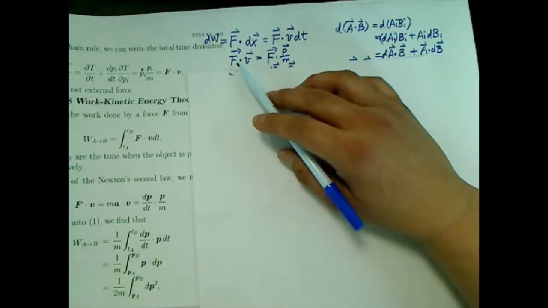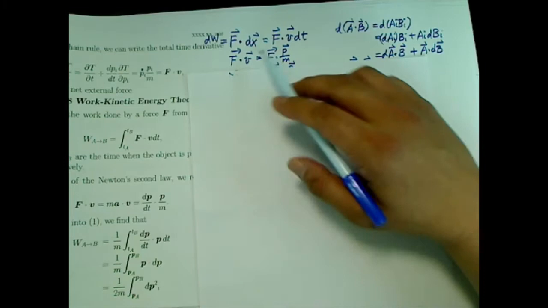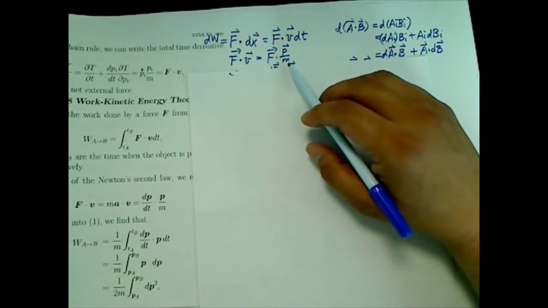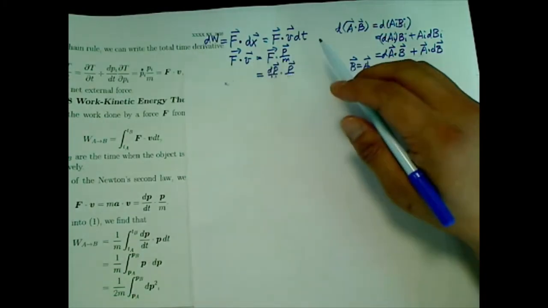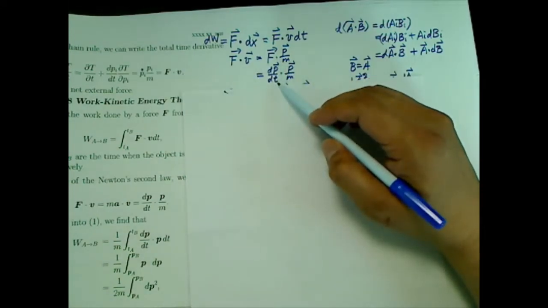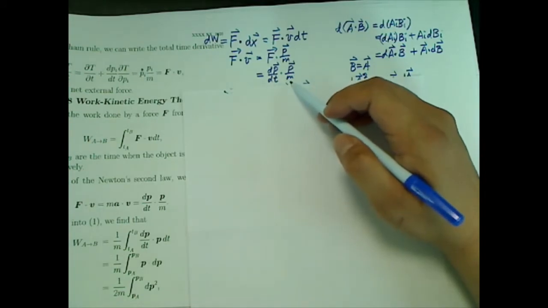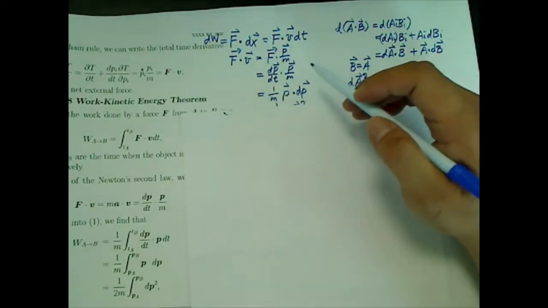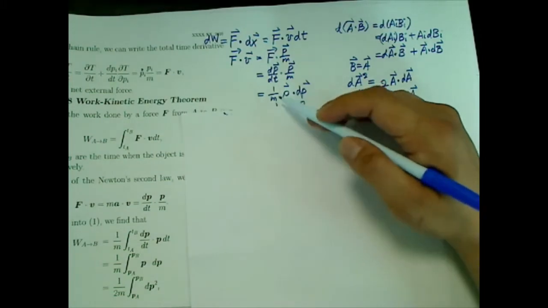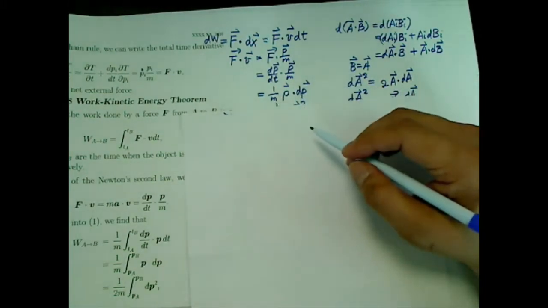We know F dot v equals F dot momentum divided by mass. F equals the time derivative of momentum, so we find the factor 1 over m, p dot dp.